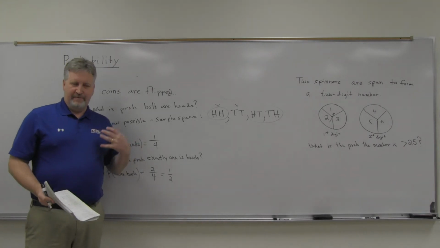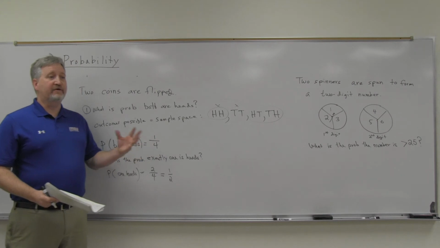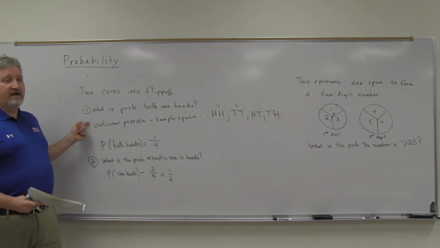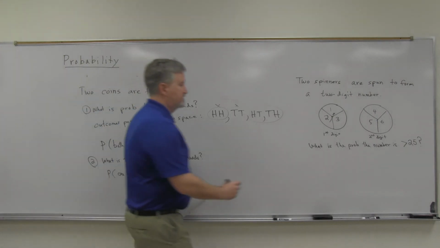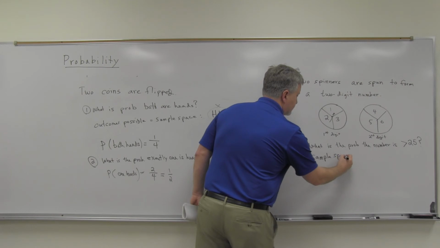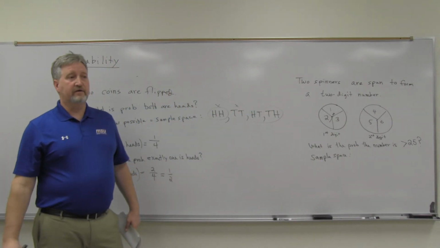Well, again, a more complicated thing, and so it might be a good thing here to write down the sample space. What would be the sample space in this particular case? What possible numbers could I get here?